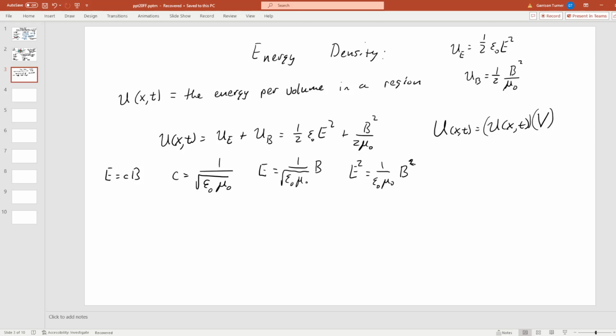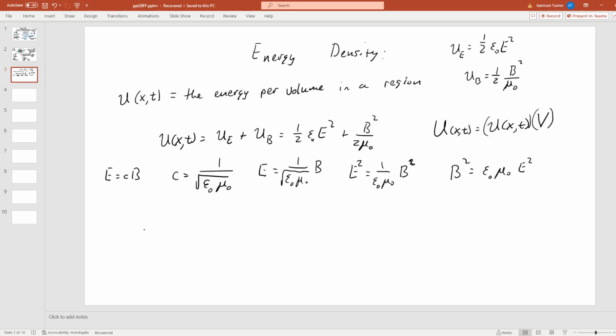Okay? So I can use this relationship to change my second term here. So B squared is equal to epsilon naught mu naught E squared.